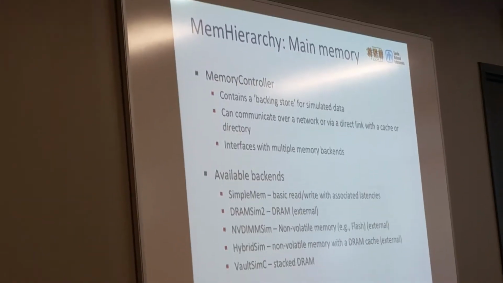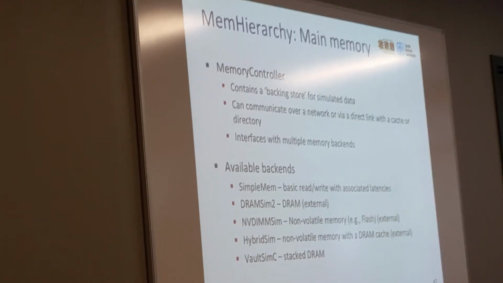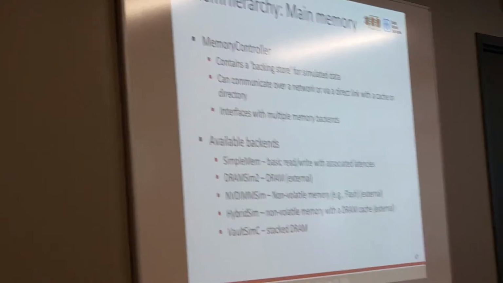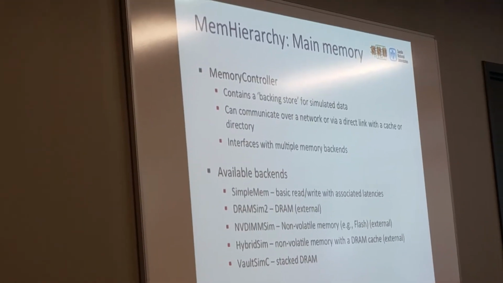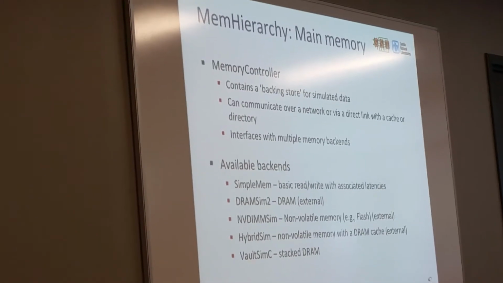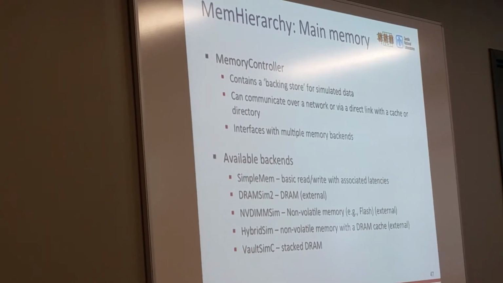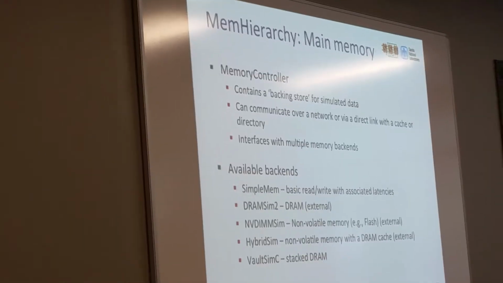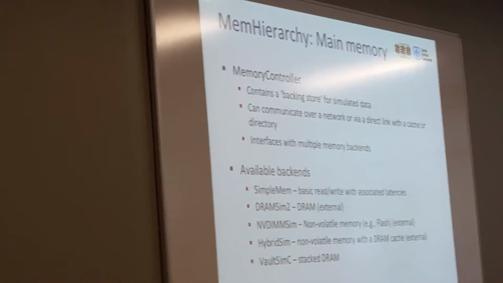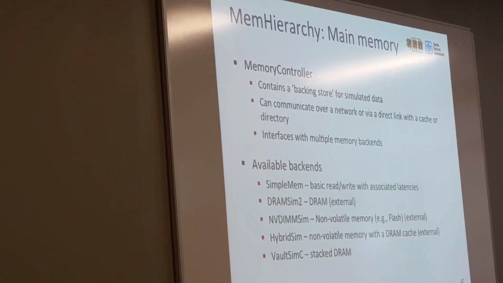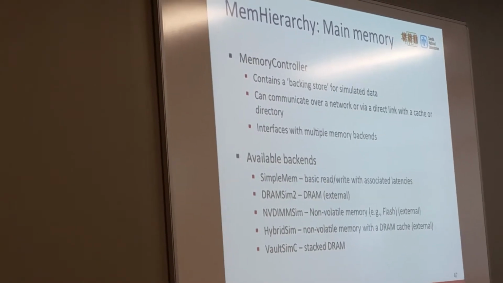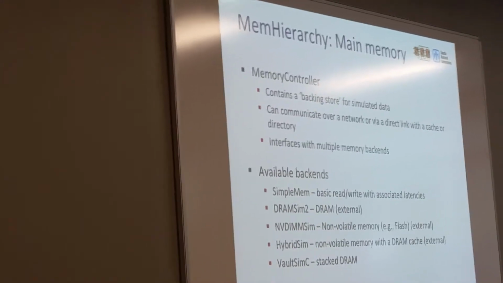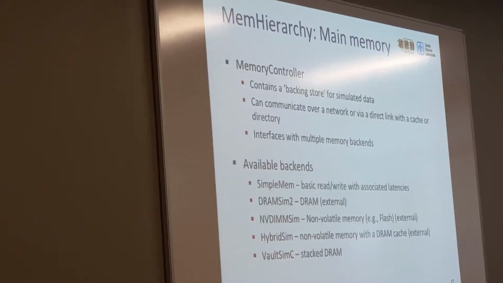Another aspect of the memory, because you have this arbitrary topology, is that it's possible to explore having multiple types of memory backends. So, for example, a DDR plus non-volatile memory: you can do that by simply instantiating a DRAMSim2 component and instantiating an NVDIMMSim component, assigning them different bases of the address space and plugging them into that network on chip, which allows you to simulate the effects of multiple backends.